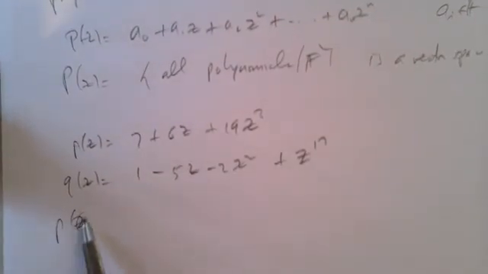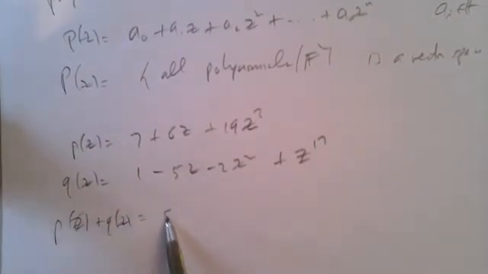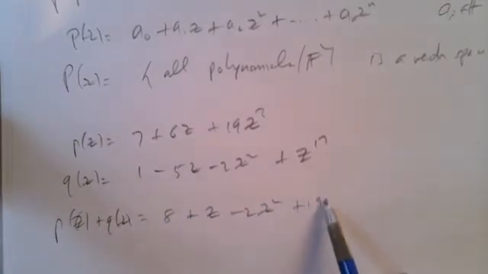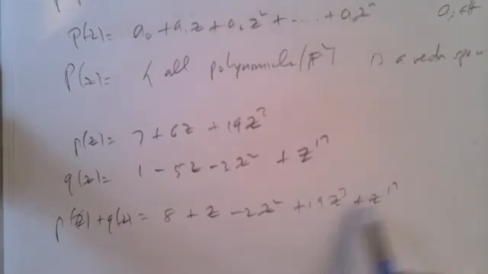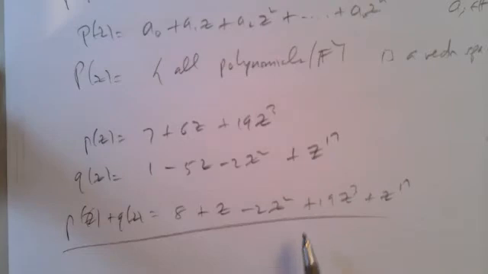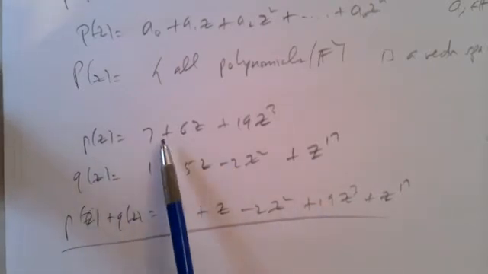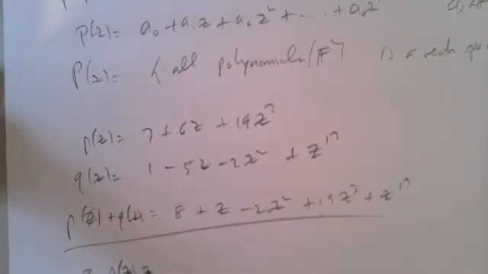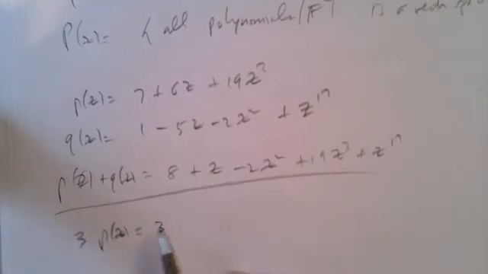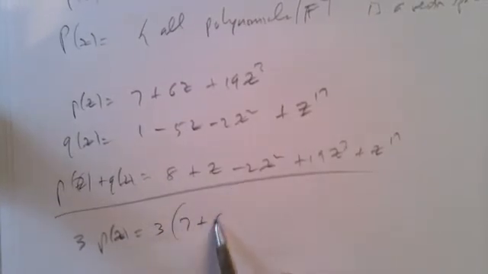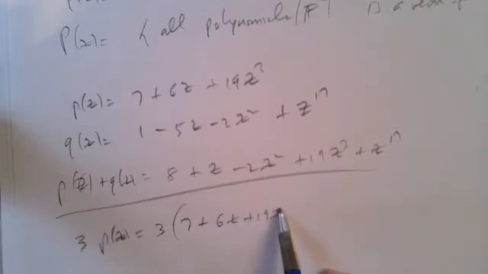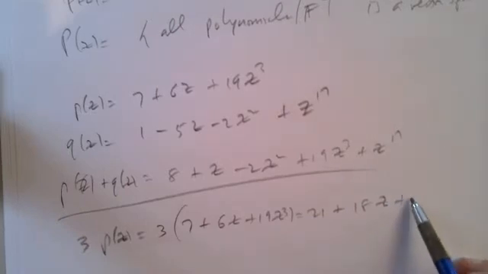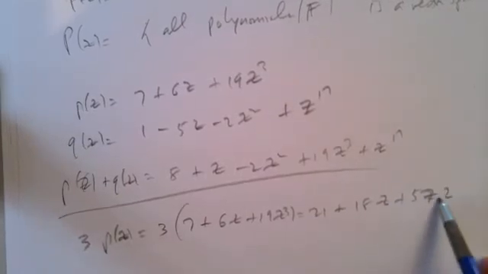P of Z plus Q of Z is 8 plus Z minus 2Z squared plus 19Z cubed plus Z to the 17th. And I can take a polynomial and multiply it by a scalar. So 3 times P of Z, that's 3 times (7 plus 6Z plus 19Z cubed). That's 21 plus 18Z plus 57Z cubed.